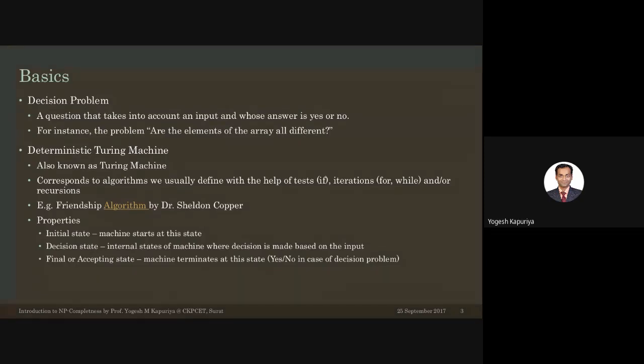There are different versions of it, but one of the fundamental versions is called the deterministic Turing machine. It corresponds to algorithms we usually define with the help of if, that means testing, or iterations, or recursions. These are the major operations which we perform in any algorithm, right?